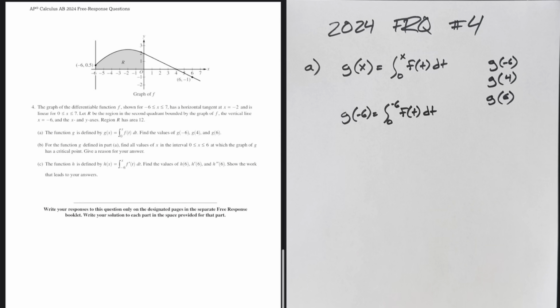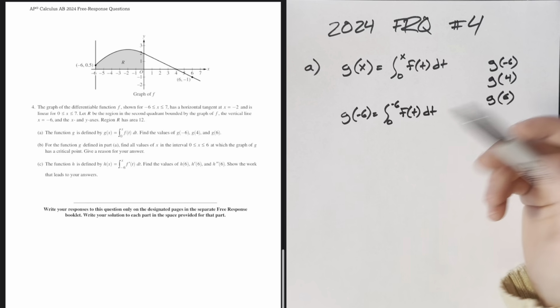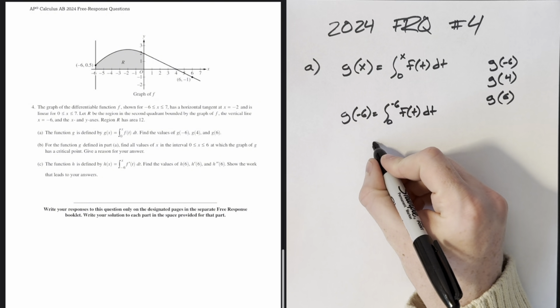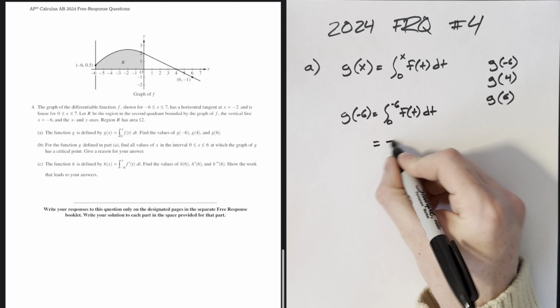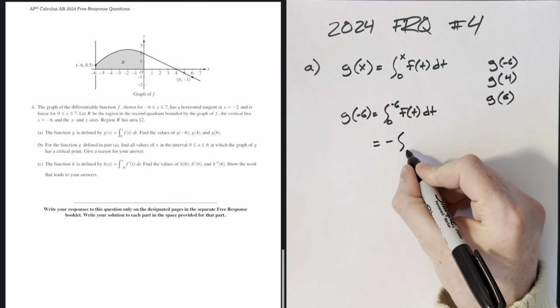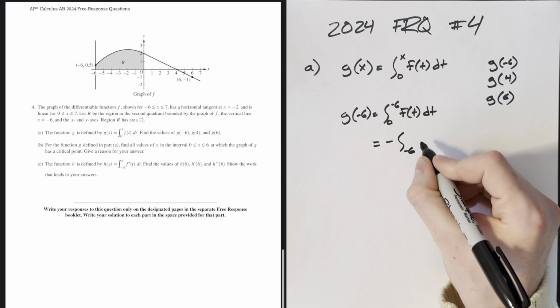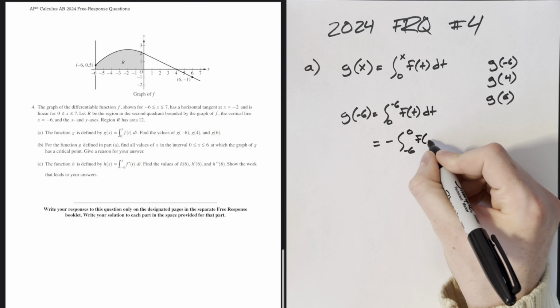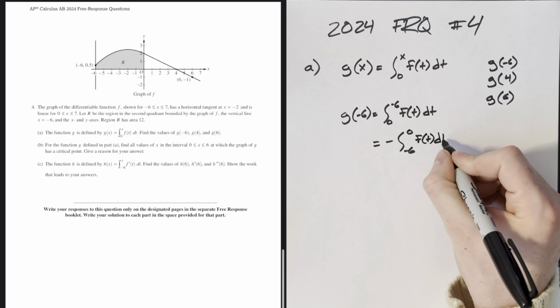Now, we don't really have a great way of solving this integral, but we know that when we switch our bounds, we negate the value of the integral. So this is equal to the negative of the integral from -6 to 0 of f of t dt.